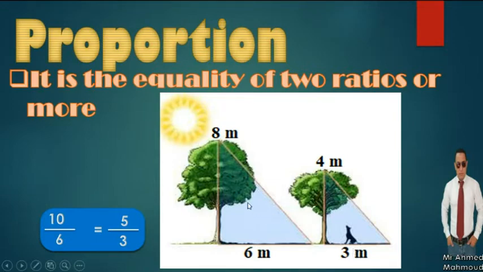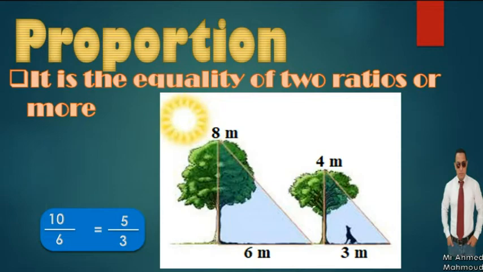Then those two pictures are called two proportional pictures, because each tree is proportional with its shadow. In this example, the height of the tree is 8 meters, the height of the other tree is 4 meters, the length of the shadow here is 6 meters, and the length of the shadow here is 3 meters.